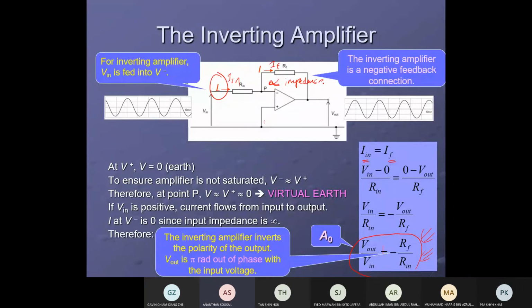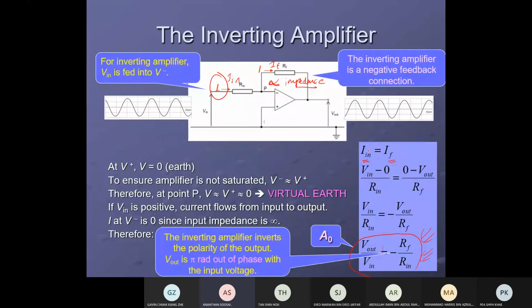It has a very high impedance, meaning huge resistance, so no current will flow into the op-amp. Technically, all current will flow to IF. So I in is the same as IF based on Kirchhoff's first law: current flowing into the junction equals current leaving the junction. So I in equals IF. That's the first line.